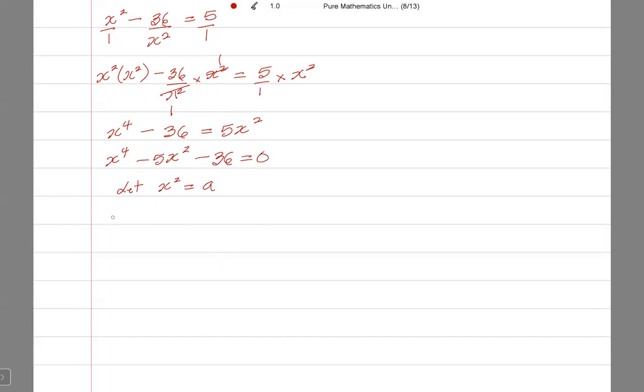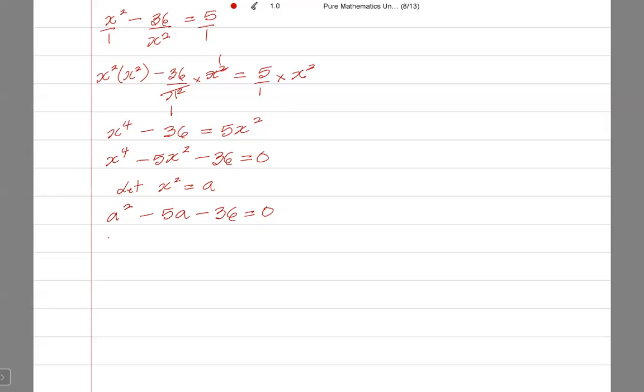So this is going to be a squared minus 5a minus 36 is equal to 0. So our objective is to find what a is. Once we find out what a is, we can find out what x is. Once we find out what x is, we can find out what y is. Once we know what x and y are, we will have the square root of the complex number.